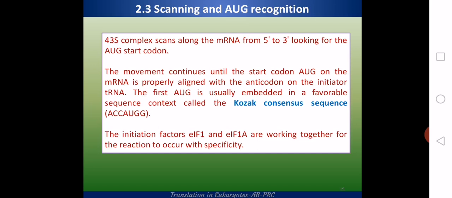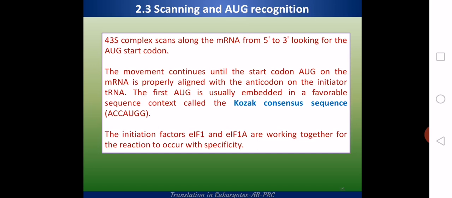Once the AUG is found, it will halt there. And usually the first AUG is found embedded in a sequence called the Kozak sequence. You can see there an AUG within the ACCAUGG sequence. So this Kozak sequence will help in recognition of the AUG by the 43S complex.